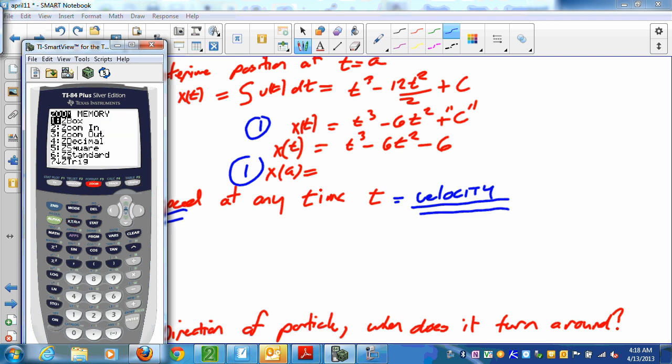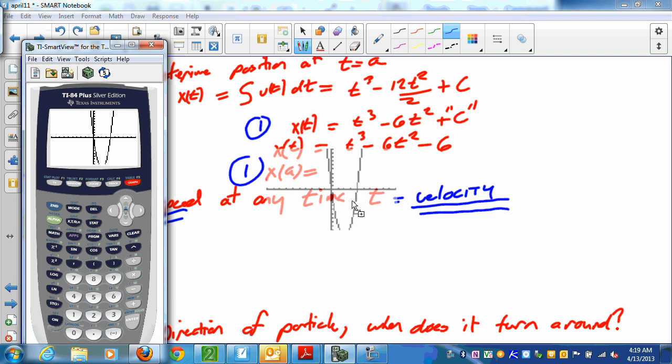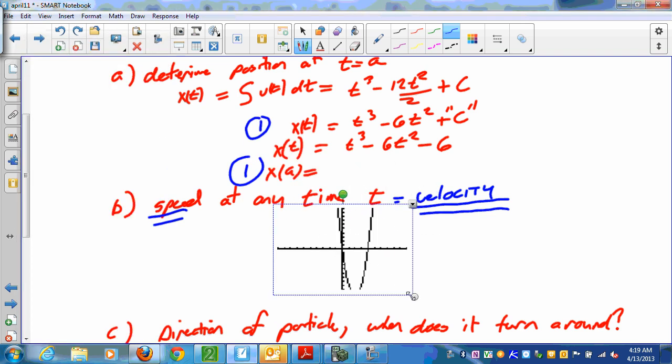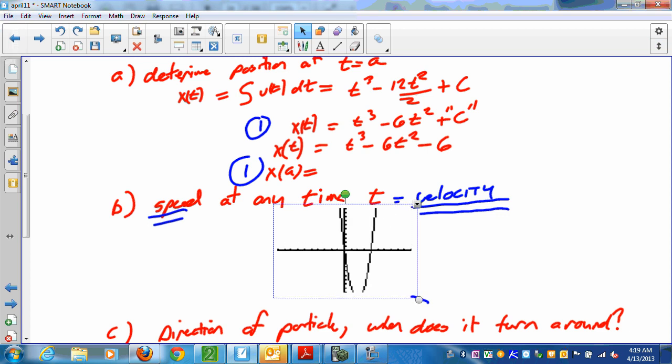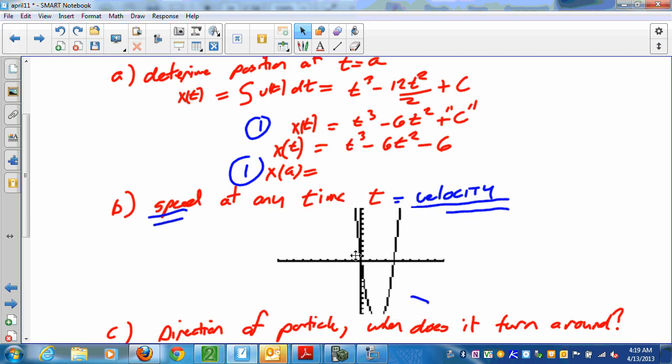Let's zoom 6 on this and see what it looks like. Alright, so this is velocity. Let me drag this over here and make it bigger. There we are. So this is the velocity curve.